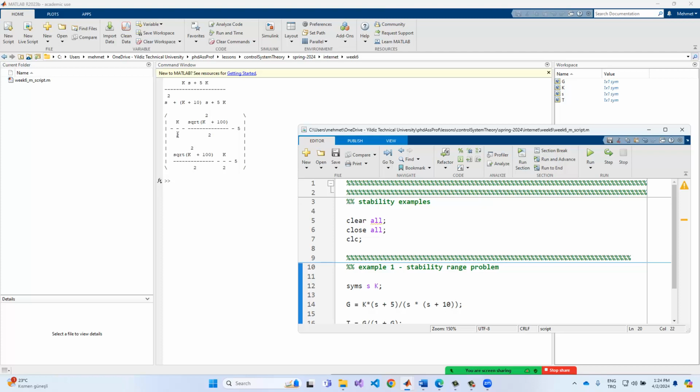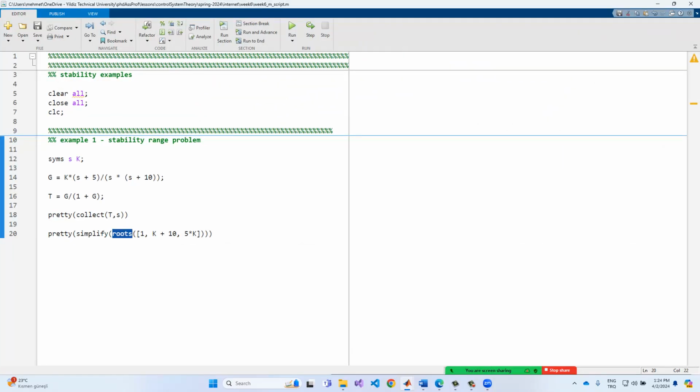Okay, and so we need to guarantee that these two roots must be smaller than or equal to 0, that is, negative values. How can we check these values? First of all, we can assign an array to begin with minus 100 up to 100 at the step rate of 1.